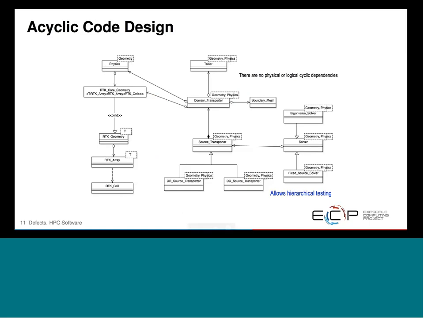So what do I mean by acyclic code design? One of the things I've tried to do in this particular presentation is to use real examples from our code base. The idea here, hopefully, is not to evaluate the quality or lack thereof of our design, but simply to show that we're actually using these techniques in our real code, and applying them to real examples.